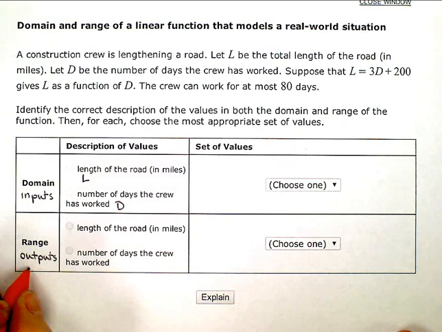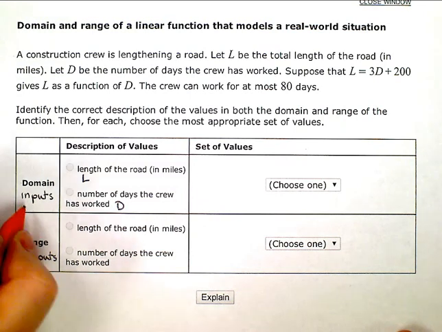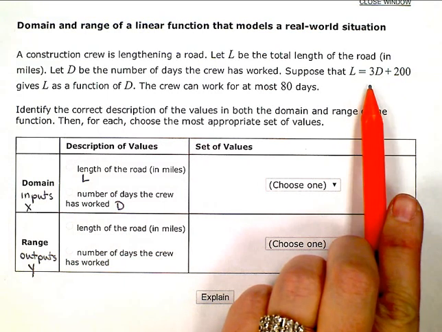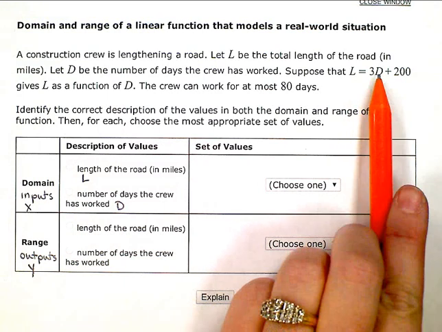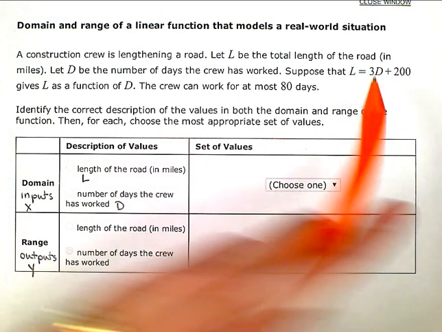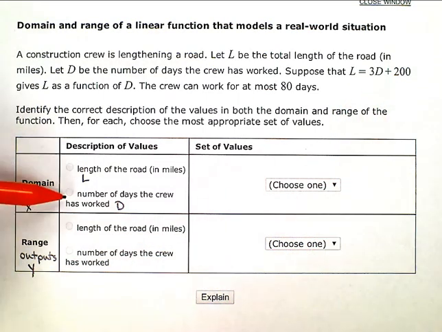You can think of these as the Y values and these as the X values. Now, my equation isn't in terms of X's and Y's. It's D and L. But if you think about this logically, the length of the road is going to be the after effect.